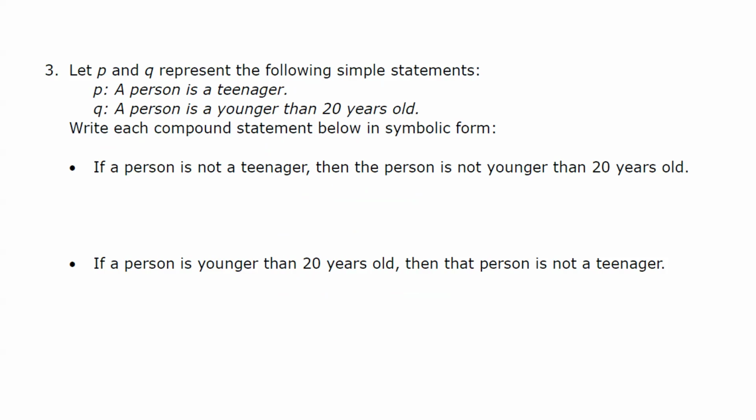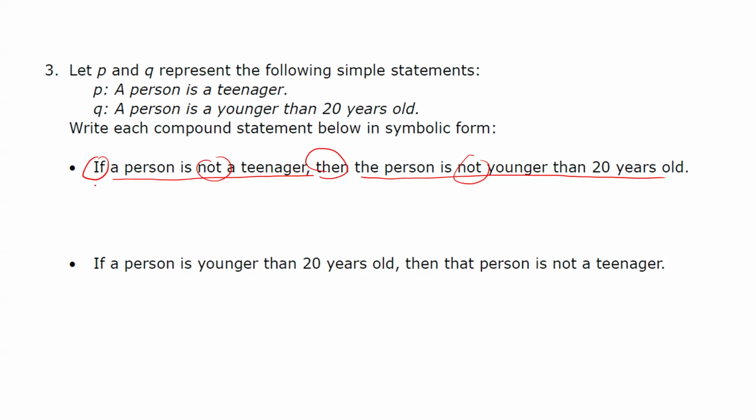Next, the statement for P is a person is a teenager. Q is a person is younger than 20 years old. Okay. We need to write each compound statement below in symbolic form. So the first one, if a person is not a teenager, then the person is not younger than 20 years old.